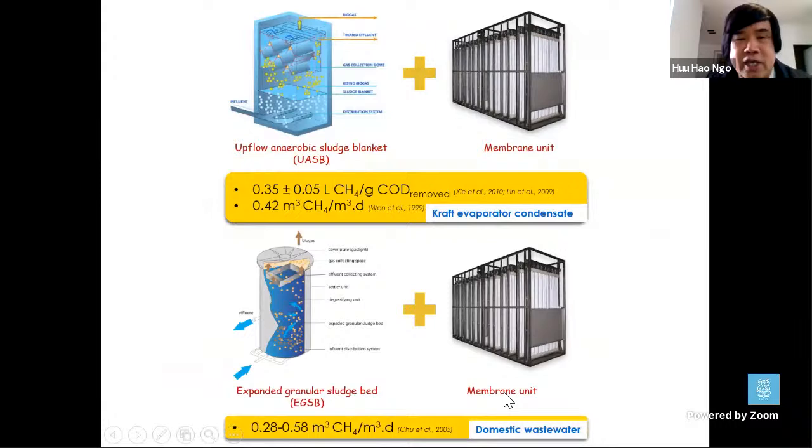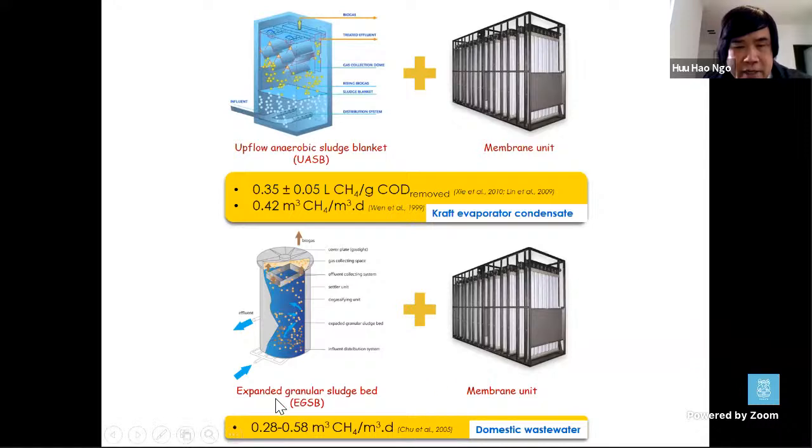So this kind of thing, I just show you through that. We have the upflow anaerobic sludge blanket, UASB, and together with the membrane we can have biogas. It's good biogas production, and I think it's really attractive, with 0.42 cubic meter methane per cubic meter per day.